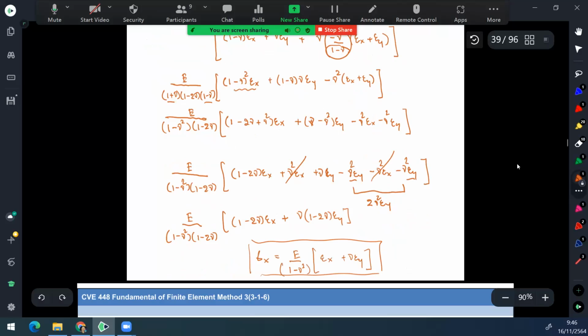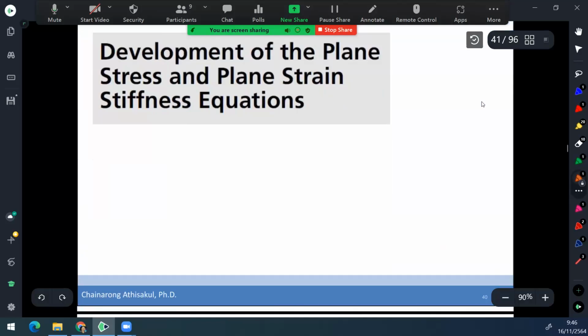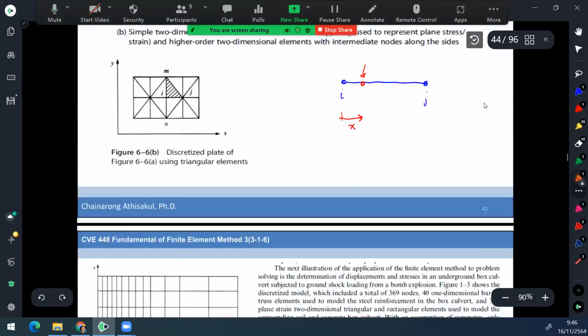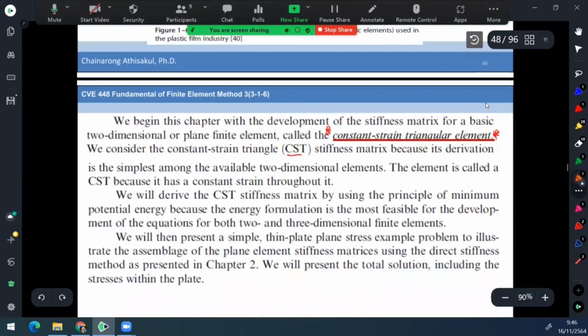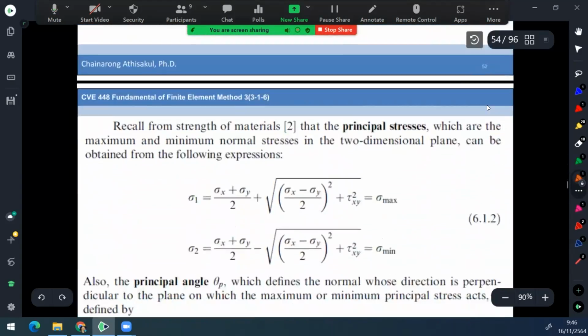In the same manner for sigma y, we also simplify with the same procedure. So for this case, we obtain the plane stress equation, which we simplified to be like this.